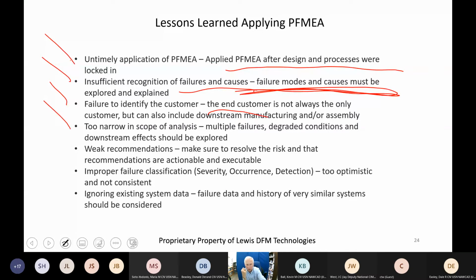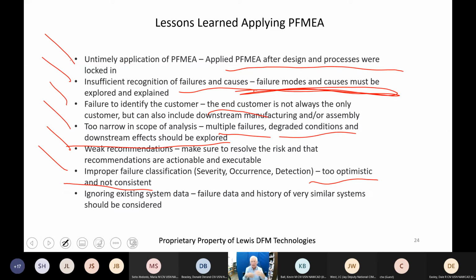Too narrow in the scope of analyses. Multiple failures, degraded conditions, and downstream effects really need to be explored. Weak recommendations. Improper failure classification. Too optimistic, not consistent. You got to have recommendations that are actionable.